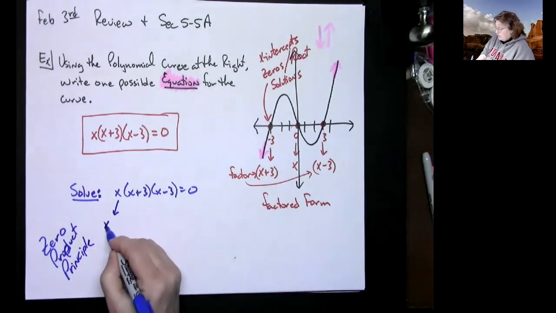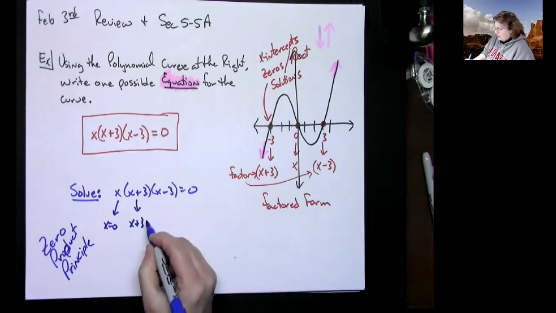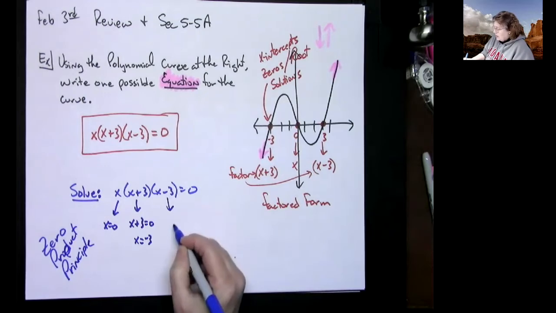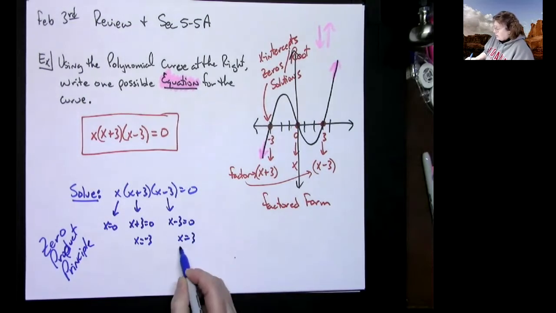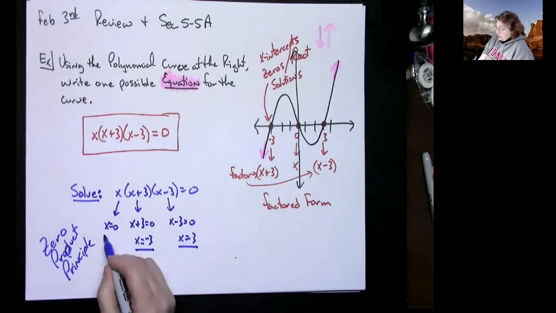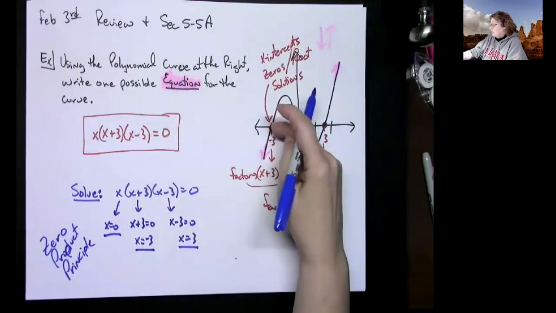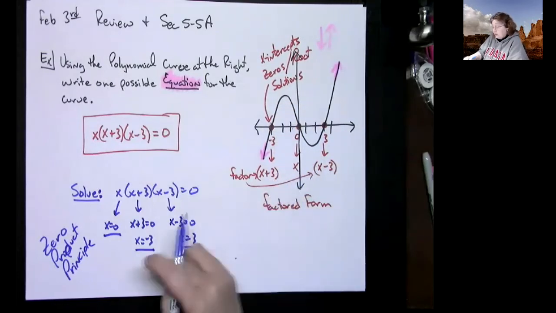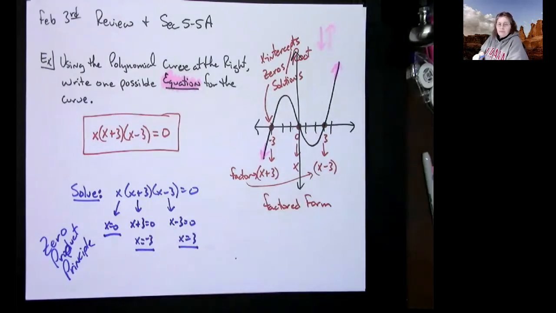You set each one of them equal to 0 and solve. I think I did this last Monday. So there's your x equals -3, and then setting that one equal to 0, x equals 3. So there's the 3, the -3, and then the 0. That's how I get it: if this is the 0, then this has to be the factor, because I'm undoing the solving of that equation.